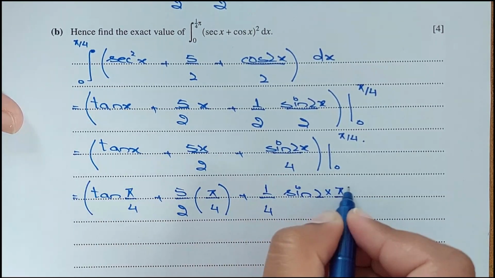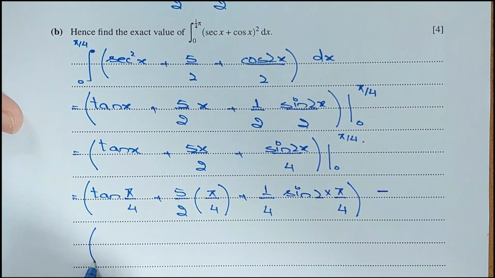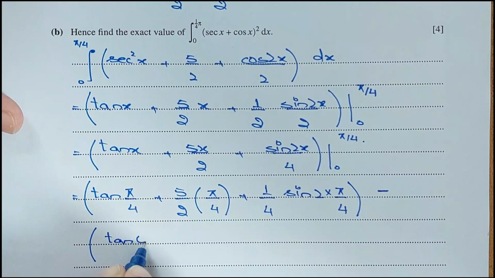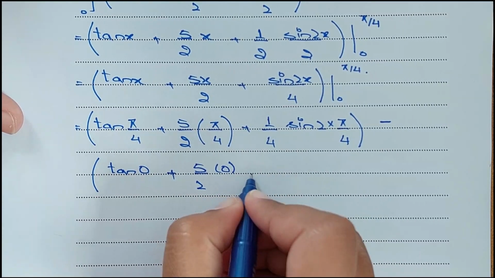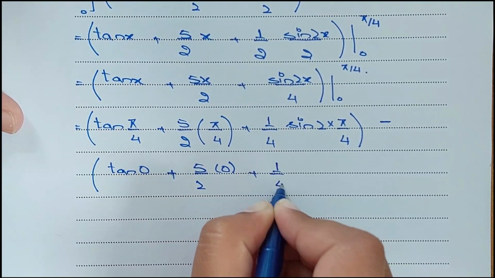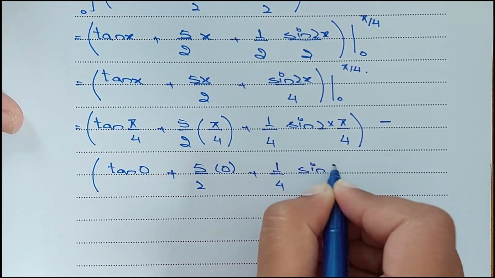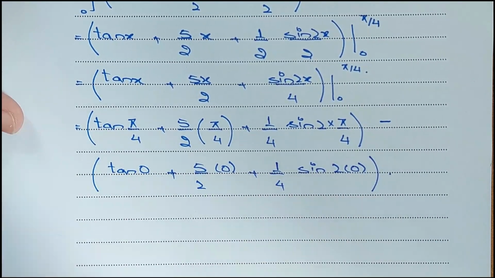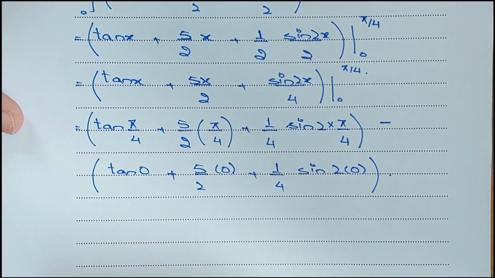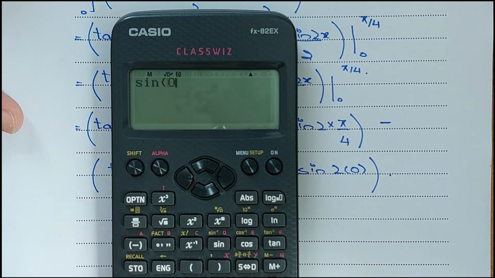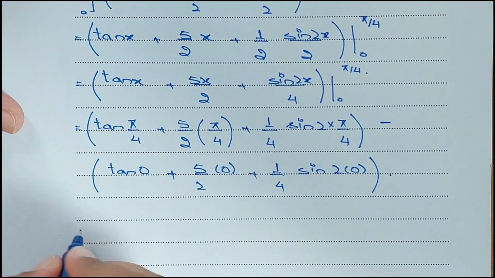This is the upper limit minus the lower limit, which is tangent of 0 plus 5 by 2 into 0 plus 1 by 4 sine 2 into 0. This is 0. Sine 0 is also 0 and tan 0 is also 0. So the lower limit is 0.